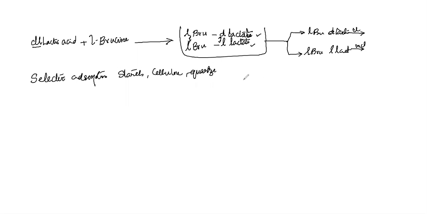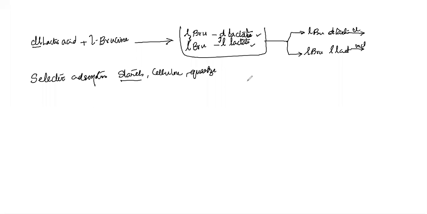They are called optically active columns. So run an optically active column chromatography, which contains materials which are optically active, starch, cellulose, etc. and you can separate them.